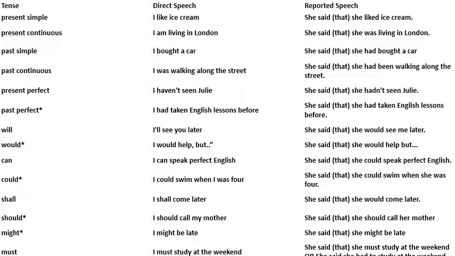She said that she could speak perfect English. I could swim when I was 4. She said that she could swim when she was 4. I shall come later. She said that she would come later. Shall becomes would.